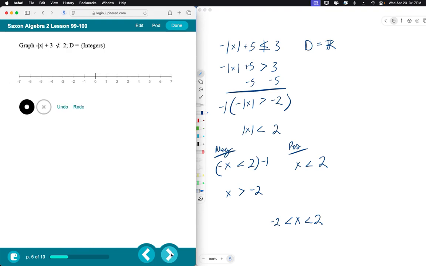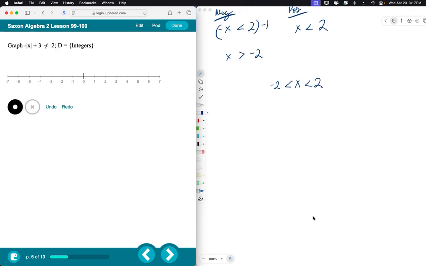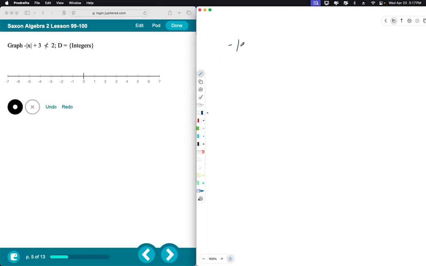Next problem. All right, another absolute value this time. We have negative absolute value of x plus 3, and it is not less than 2, and the domain is integers, and the symbol for integers is a fancy double-line Z. And that's another lesson coming up, if we haven't gotten there yet.